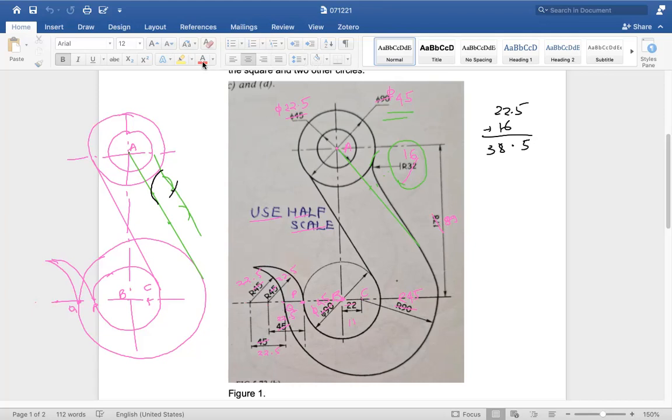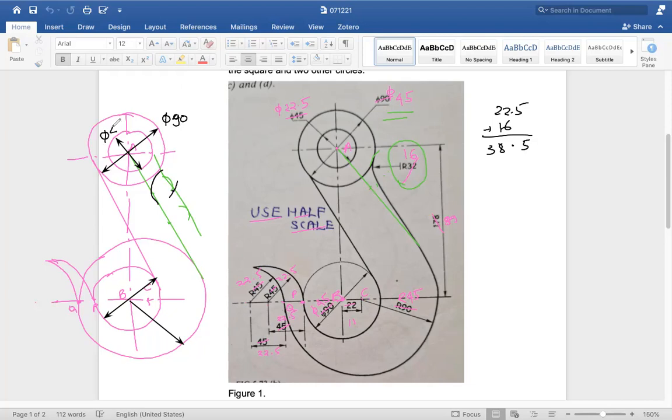Got it? And when you're doing dimensioning, make sure that you give 4 dimensions. That's what they've said, right? I'm just trying to show this. You can show any dimension. But when you're writing it, make sure that you write diameter 90, not 45.